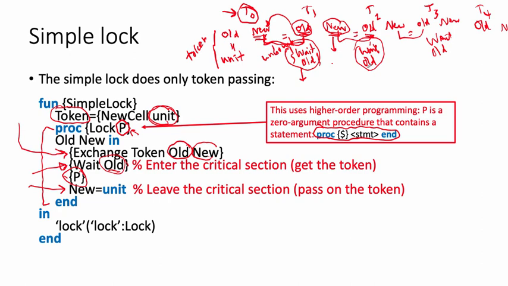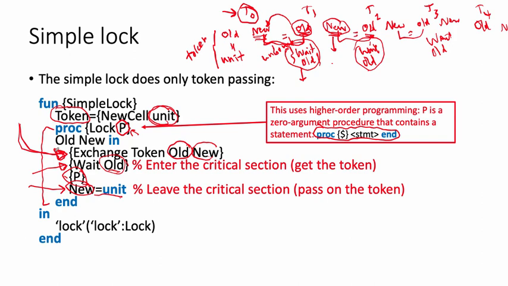So you see that each thread, when it comes in, by exchange, actually gets a place in line, and the token means that the variable is bound. It's bound to a constant, and it will only happen when the previous thread leaves the critical section. So the exchange is like the boundary guard.